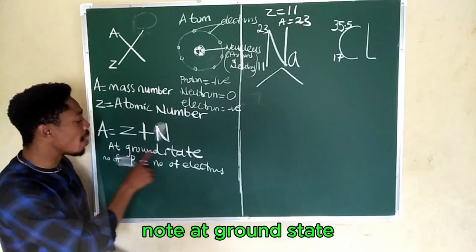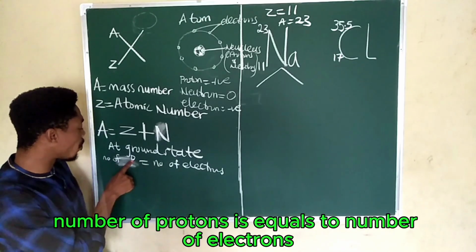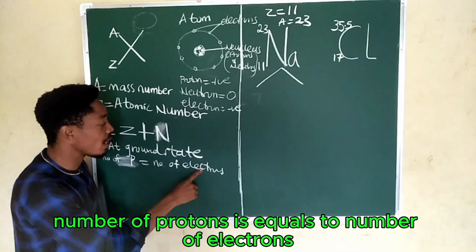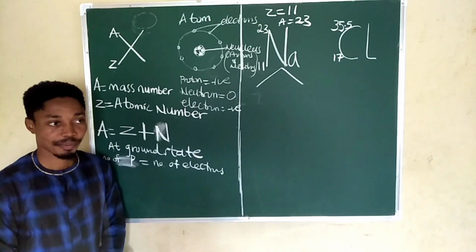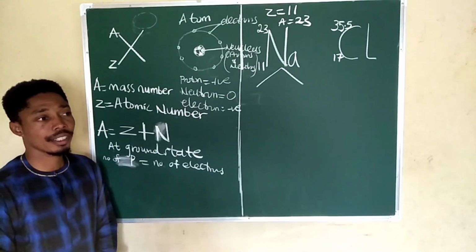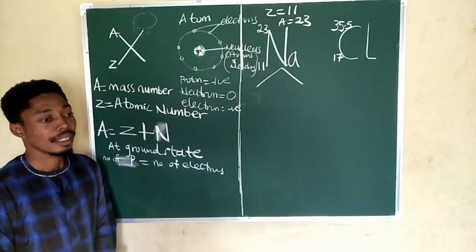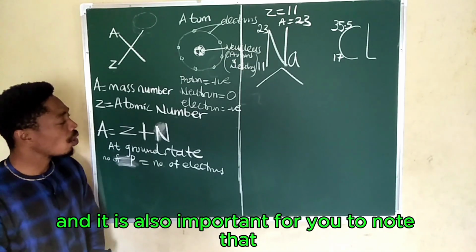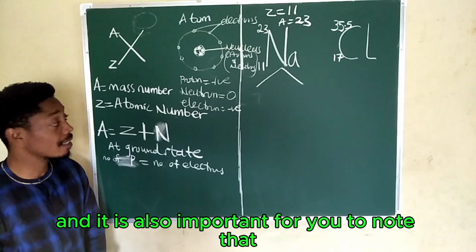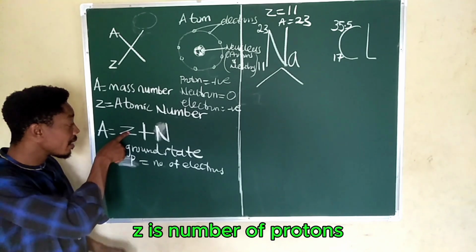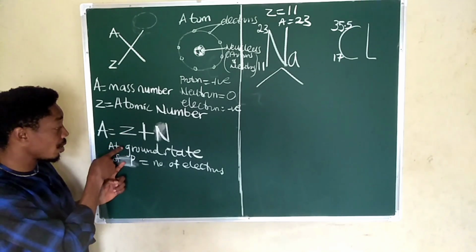Note, at ground state, number of protons is equal to number of electrons. It is also important for you to note that Z is the number of protons.